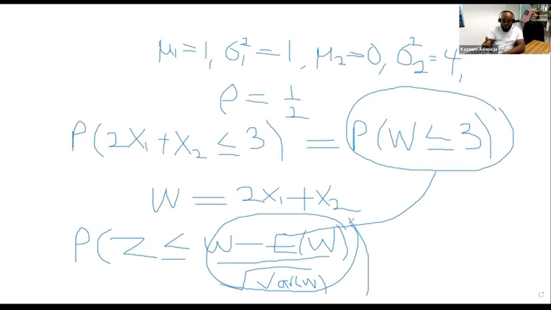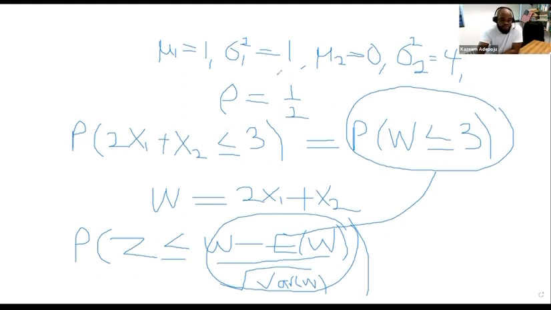Now I know W is 3, but I don't know the mean and the variance of W. So to figure those out, what am I going to do?